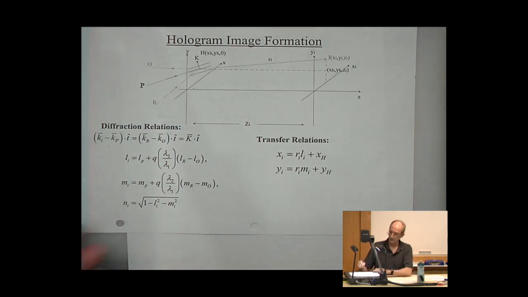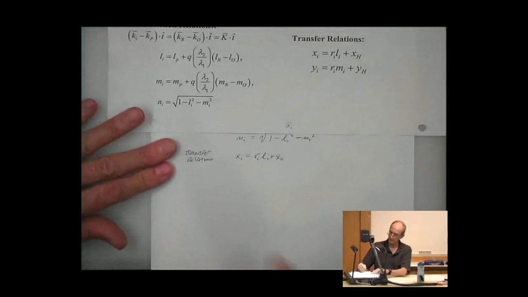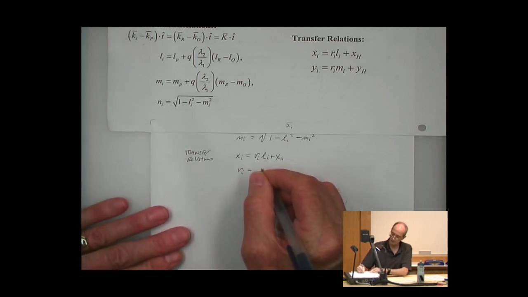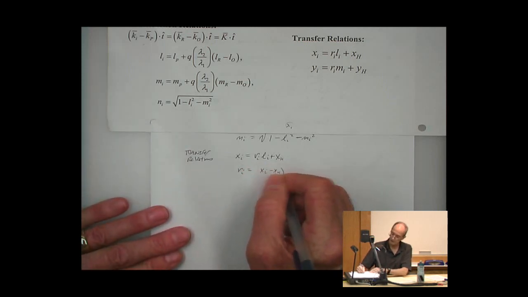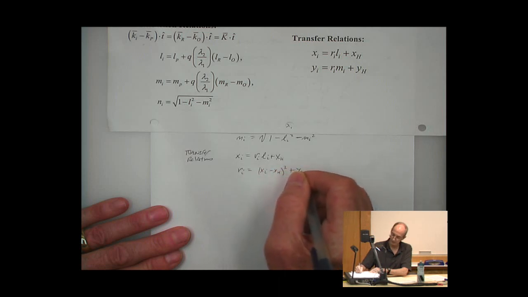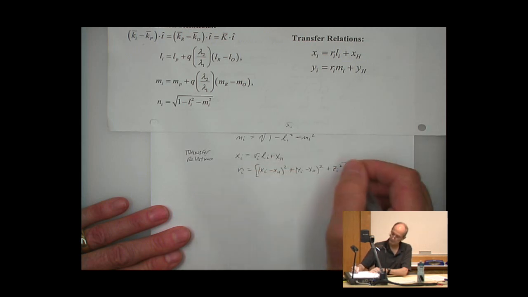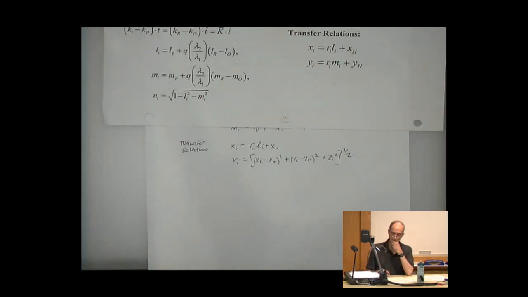Okay, and Ri is equal to xi minus xh squared plus yi minus yh squared plus zi squared, to the 1/2.